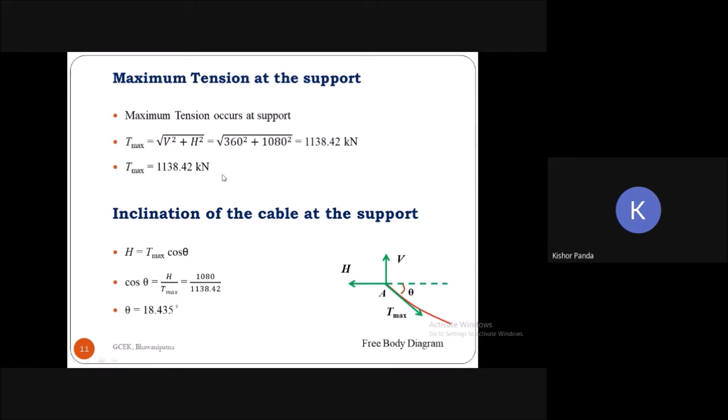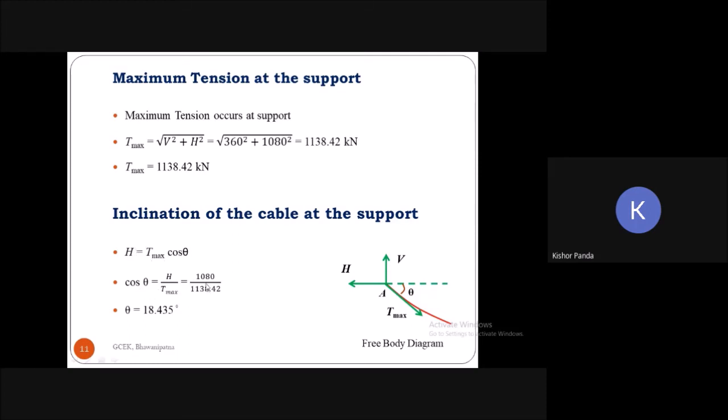Then find out the inclination of the cable at the support. Here you take the horizontal component of T max and equate with horizontal thrust. T max cos theta is equal to the horizontal thrust. H is equal to T max cos theta. Then cos theta is equal to H by T max, and you know the value of H and the value of T max.